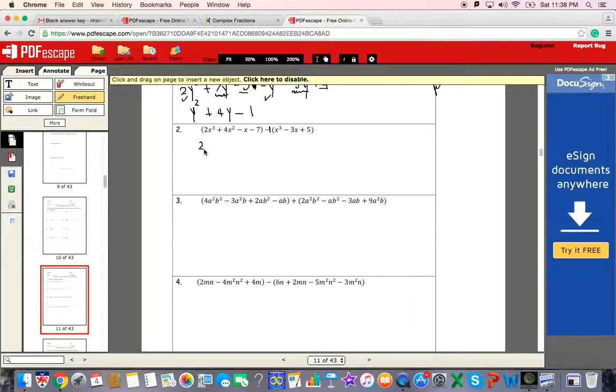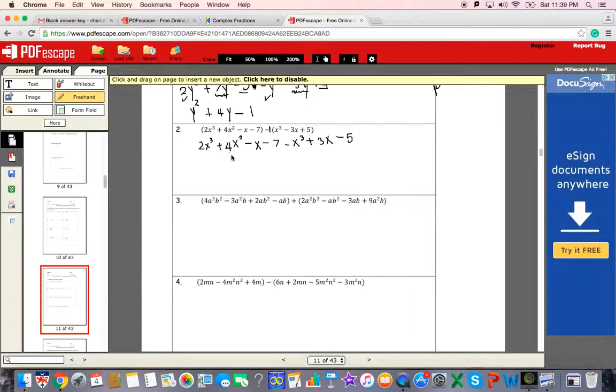So we have 2x to the third plus 4x squared, minus x minus 7. And then in the second set of parentheses, because we have a minus there, it becomes minus x to the third plus, we're changing each and every one of these signs, plus 3x minus 5.